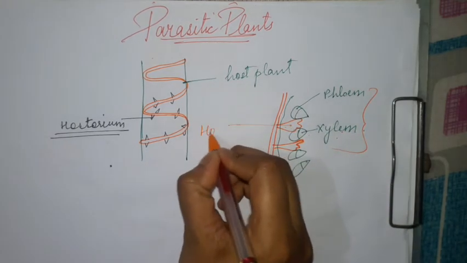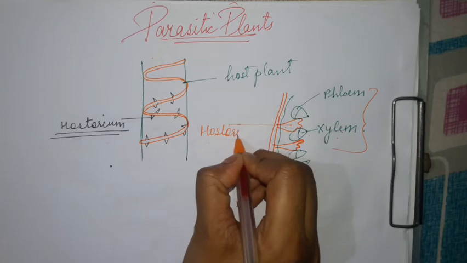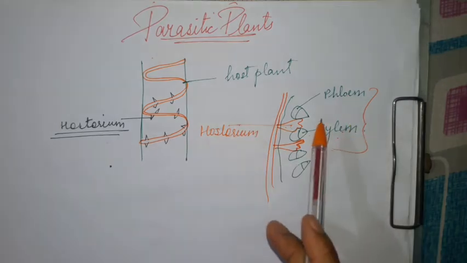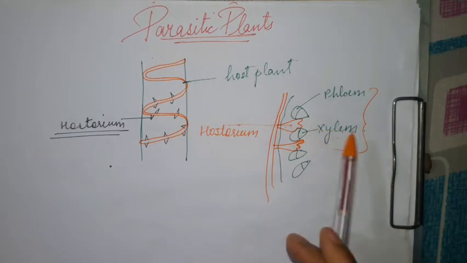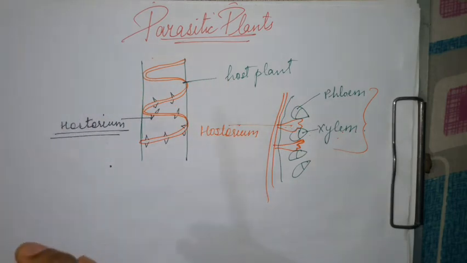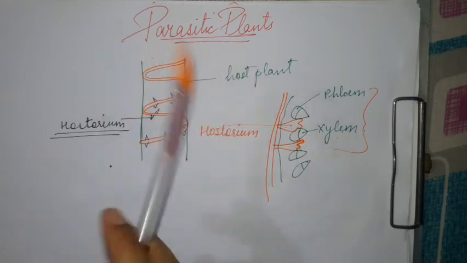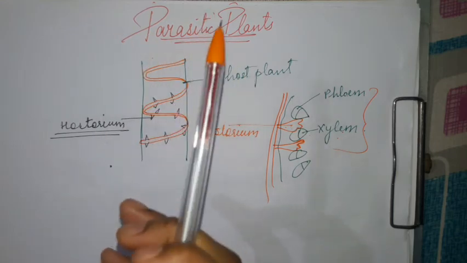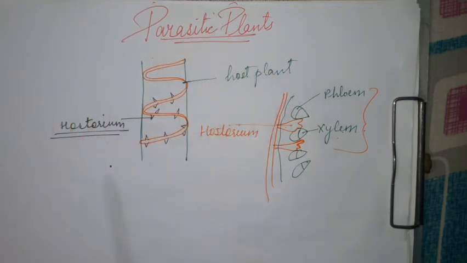Let me just write here haustoria. And from there it absorbs all the nutrition which is required for this parasitic plant to grow. Another most important thing to remember about parasitic plants is they only benefit themselves and in return they are harming the host.